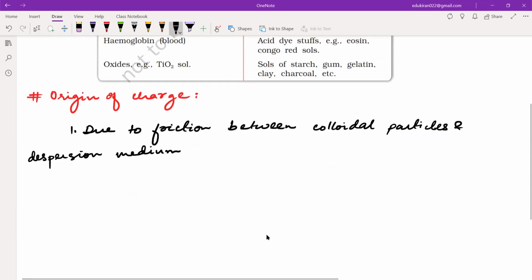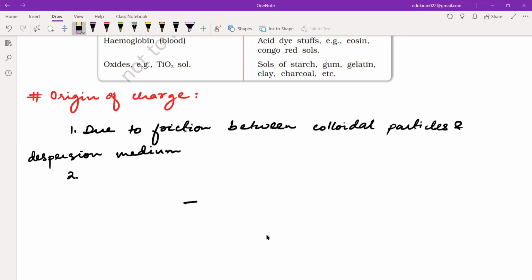The second source of origin of the charge is the dissociation of molecules. When some molecules dissociate, there will be cations and anions.